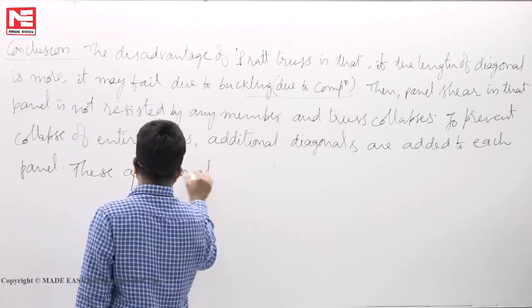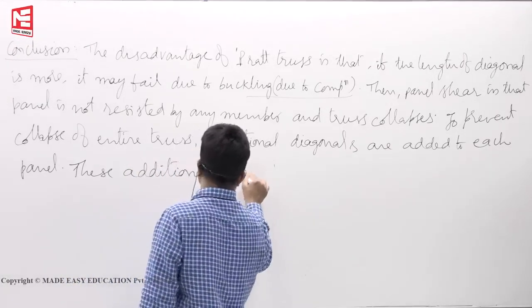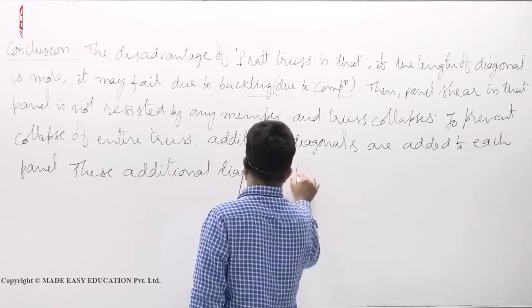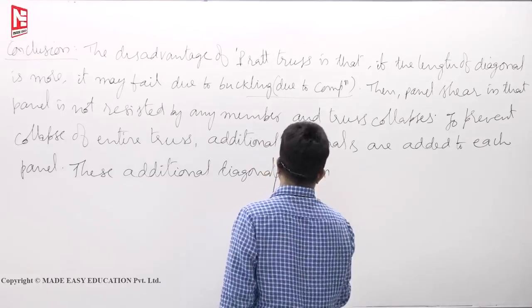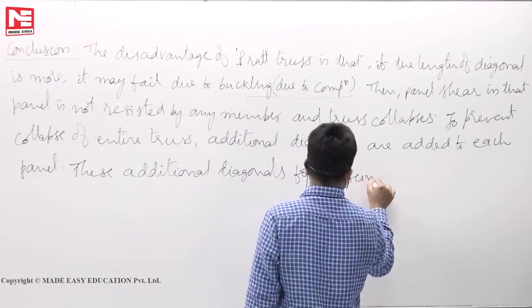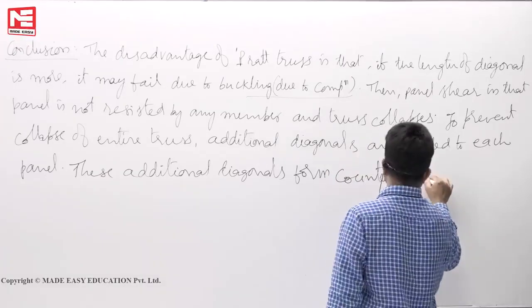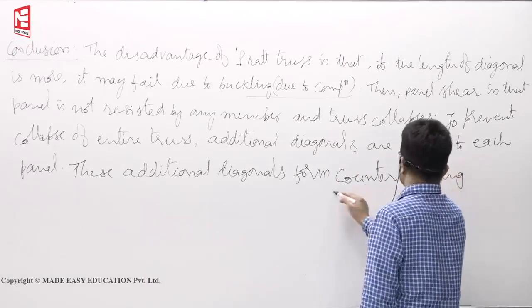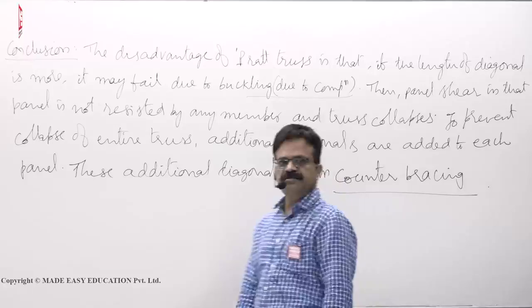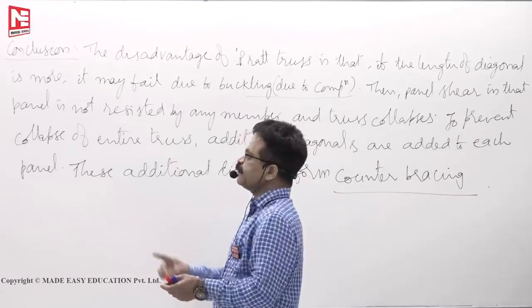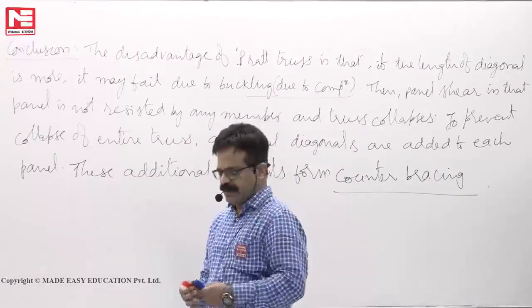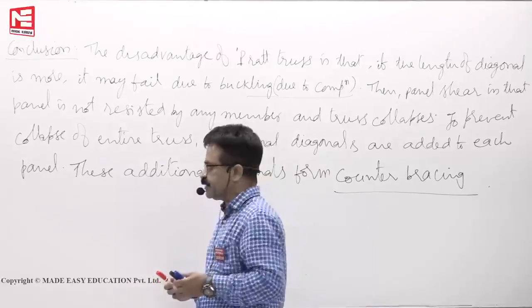These additional diagonals form counter bracing, or these additional diagonals are called counter bracing. So if one member fails, the other member will take care of the stability consideration.